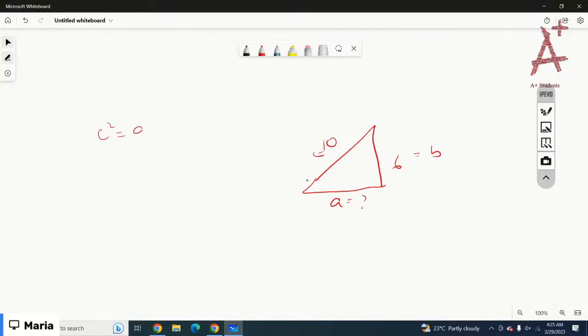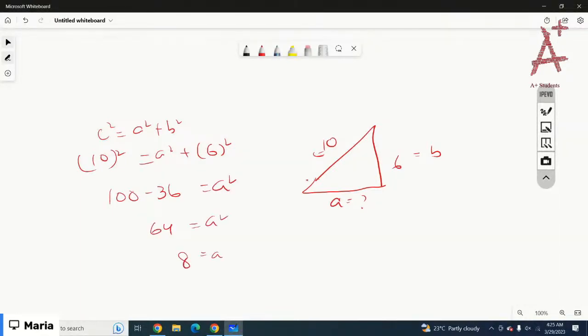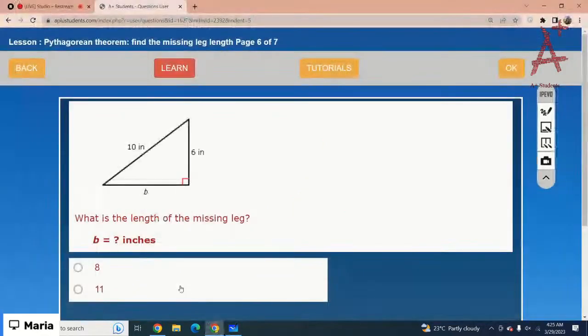C square equals a square plus b square. 10 square equals a square plus 6 square. 6 square is 36. 100 minus 36 equals a square. That would be 64 and a equals 8. Got it? So the correct option is a equals 8. So here is the correct option. Got it?